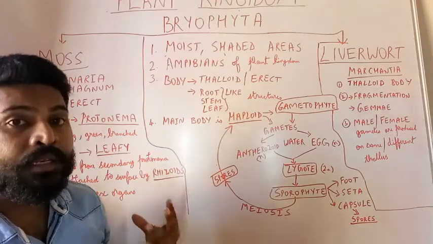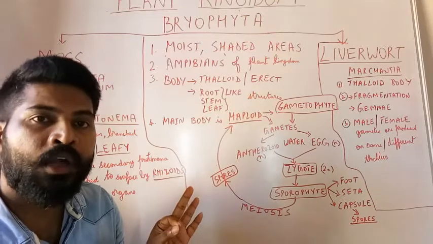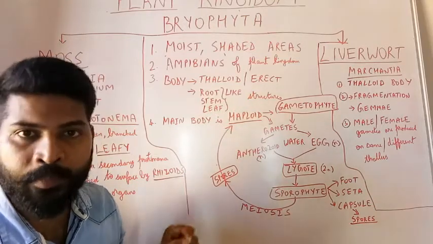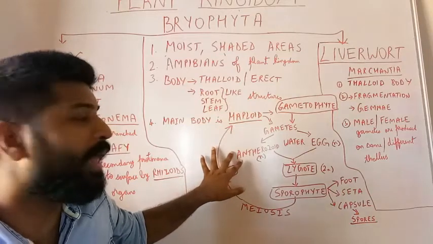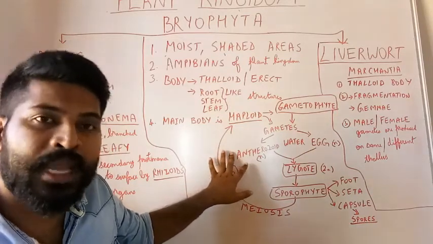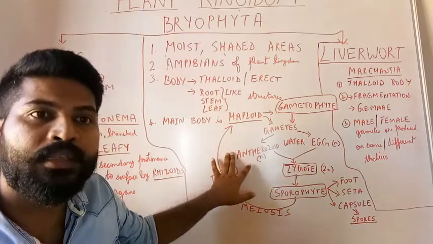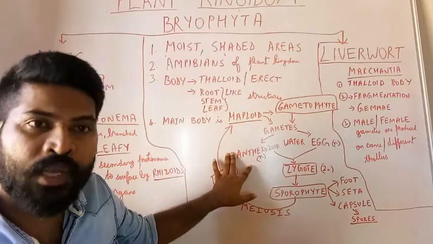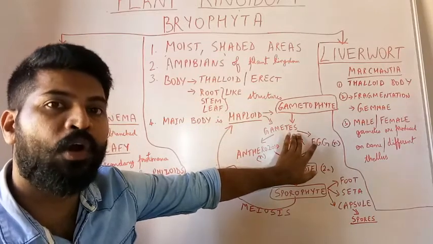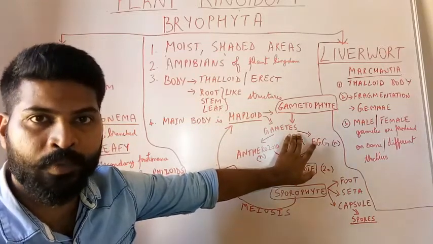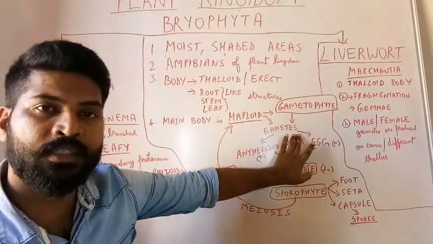The male sex organs are called antheridium, which produce the male gametes, antherozoids. These antherozoids are motile, they move with the help of flagellum. The female sex organ is called an archegonium, which is a flask-like structure.